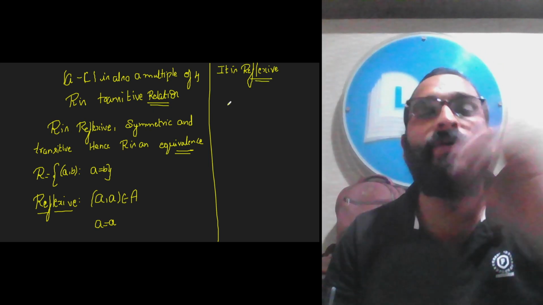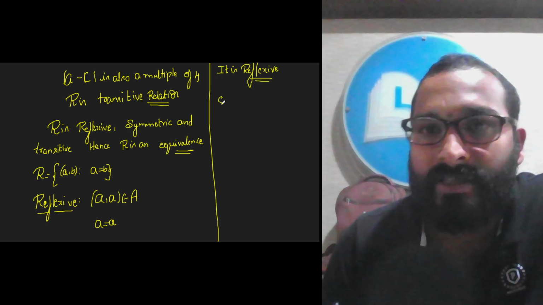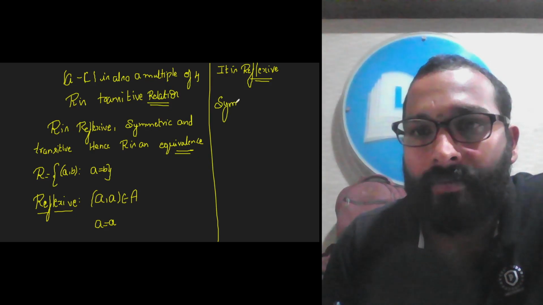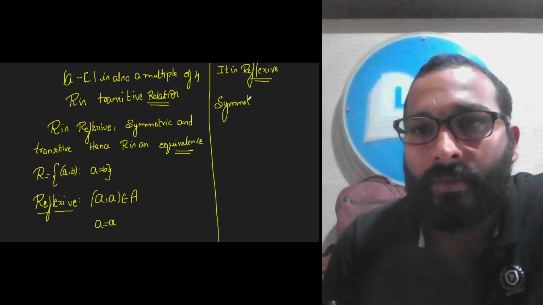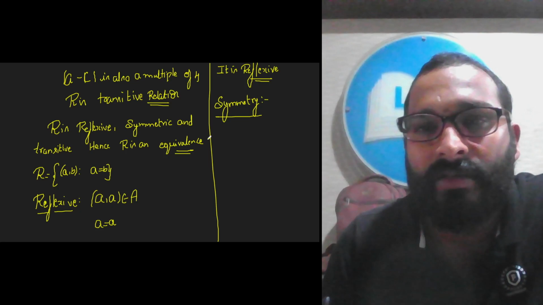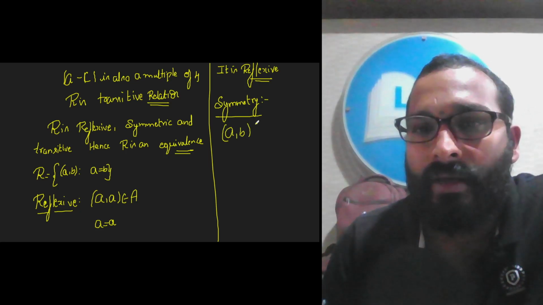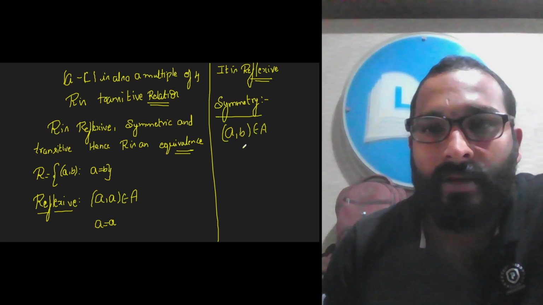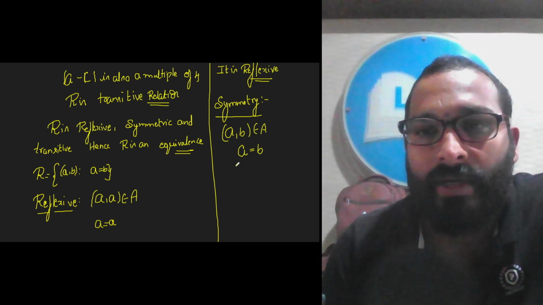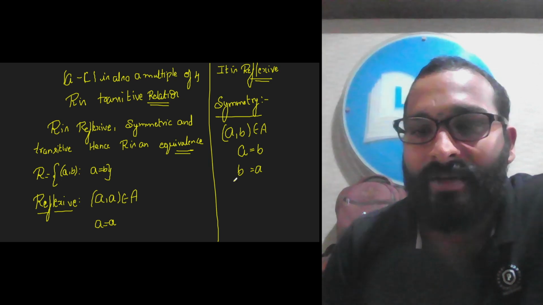Once we know this relation is reflexive, children, then let us check for the condition symmetry. Okay. So is this relation symmetric? If A comma B belongs to set A, if A is equal to B, children, then B is equal to A. So it is symmetric.